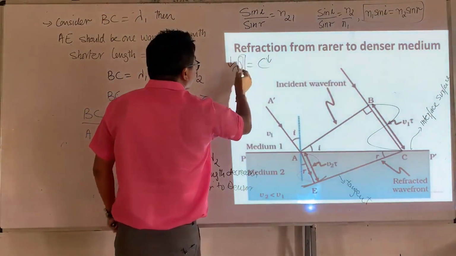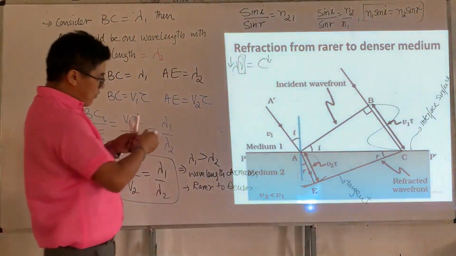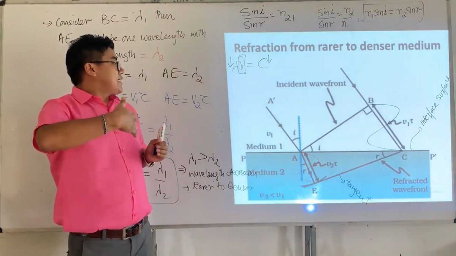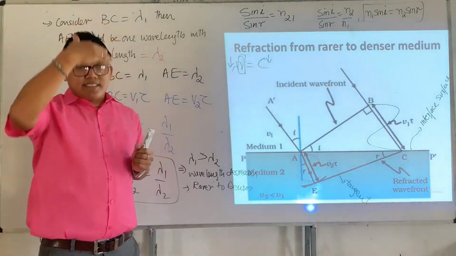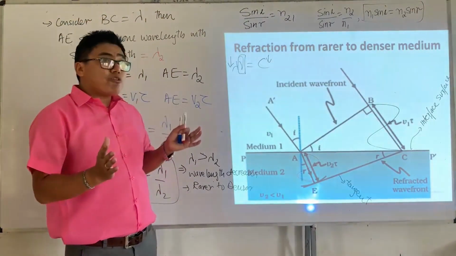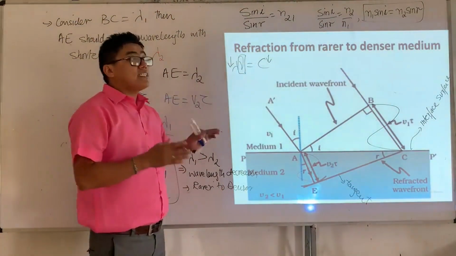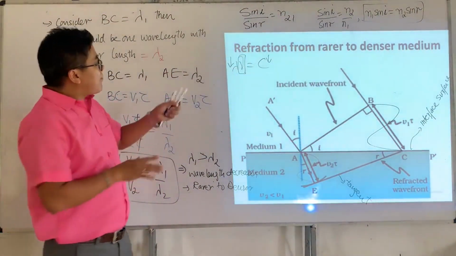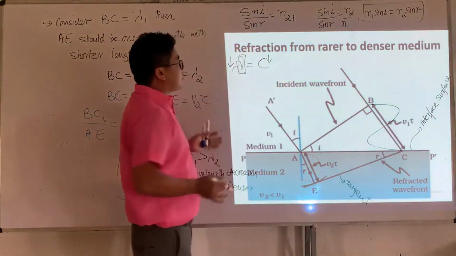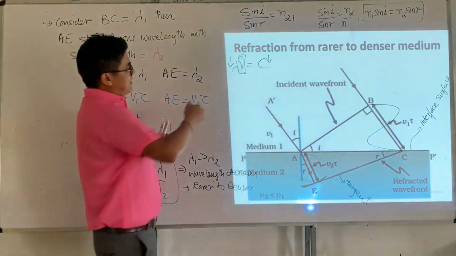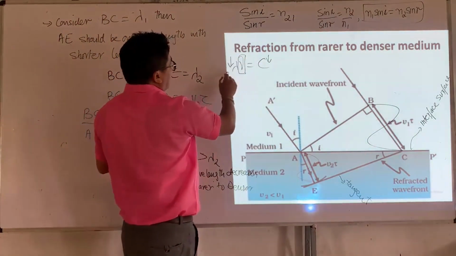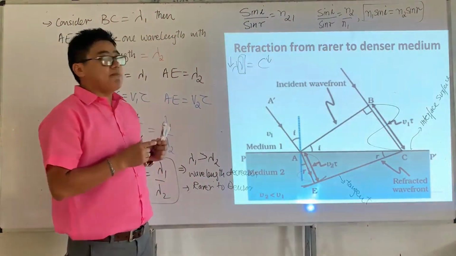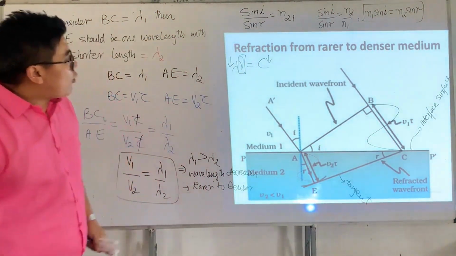Therefore, this remains constant, so frequency doesn't change. So when light or a wave enters from a rarer to a denser medium, wavelength is going to decrease, however frequency remains the same. Why? This is the relation: lambda decreases, C should decrease, because the ratio is constant. So if C decreases and lambda also decreases, mu, that is frequency, remains constant.